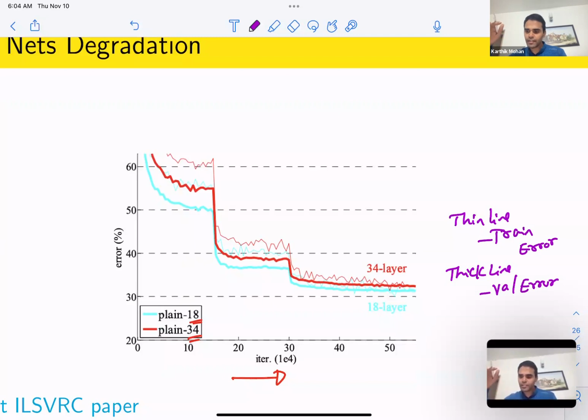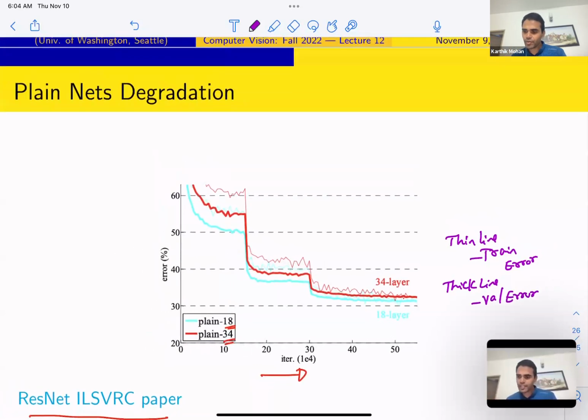So that tells you that the training error for the 34-layer network is higher than the 18-layer. And the same goes with the validation error. So if it was overfitting, then you would see a different kind of curve. So there is something else that's going on, and this is what the authors call degradation. So instead of doing better than an 18-layer model, or at least as good, it is actually doing worse.